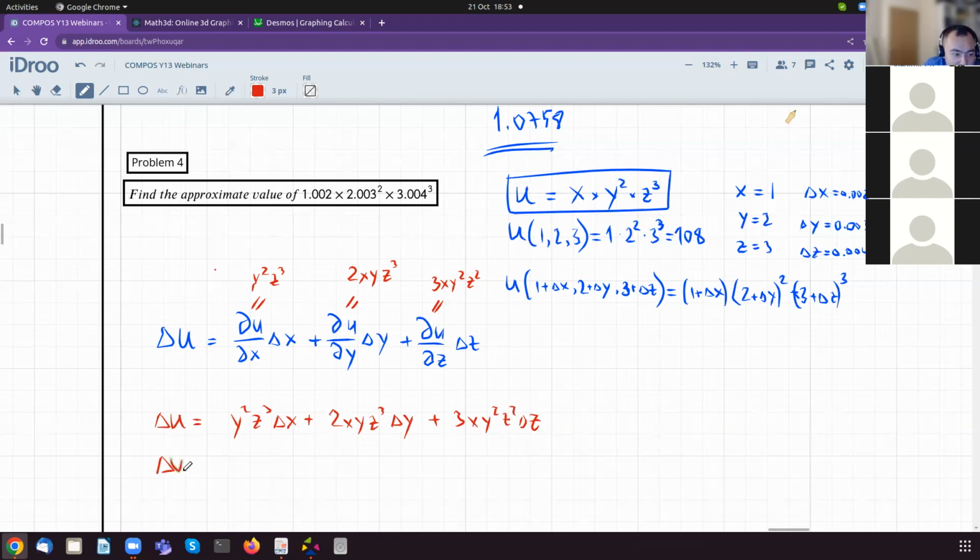At the point 1, 2, 3, when x is 1, y is 2, z is 3, we just substitute.